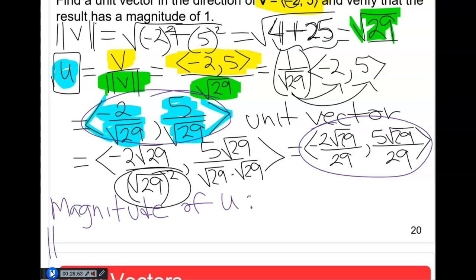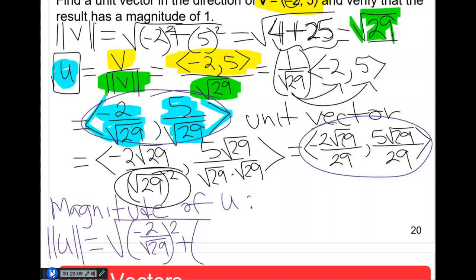So the magnitude of u will be equal to the square root of -2 over the square root of 29, and that whole fraction squared. That's the horizontal component. The vertical component will be 5 over the square root of 29 and then squared.